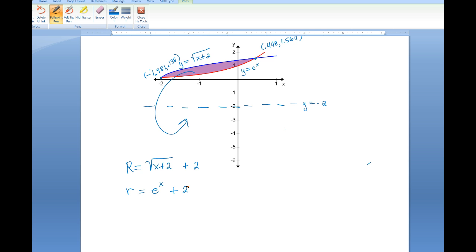So picture, what's the distance from here to here? It's 2 plus the square root of x plus 2. And then look at the inside one. This is going to be 2 plus e to the x.